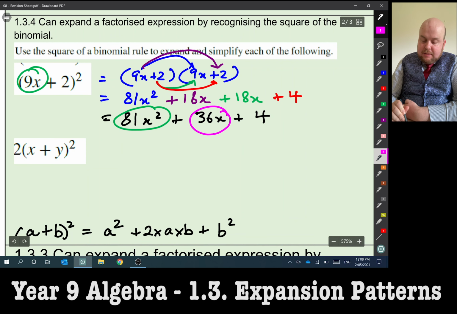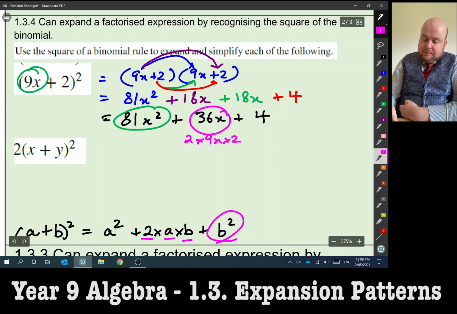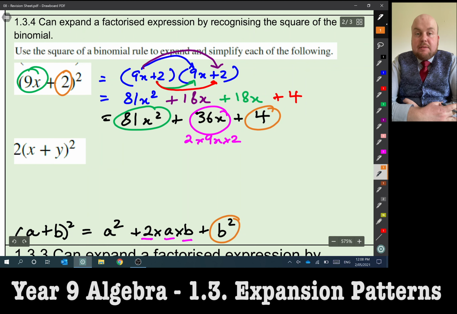This 36, 2 times a times b, or 2 times 9x times 2. So 9 times 2 is 18, times 2 is 36. And then we see for the b squared here, that's going to be 2 squared, which you can see here is 4.